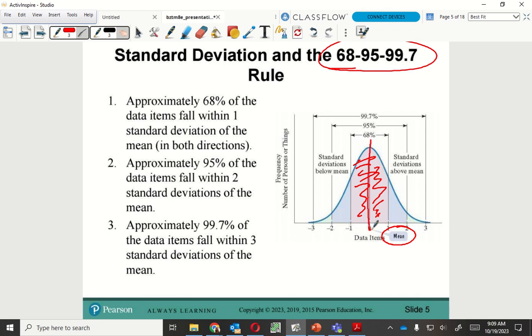What percentage would be +1 standard deviation? If the whole thing is 68, what do you think +1 is? 34, right? Why would it be 34? It's half of 68. So is that important to write down? Maybe.